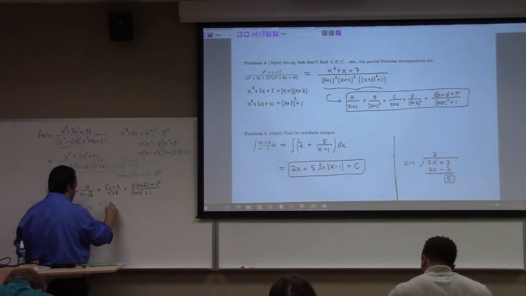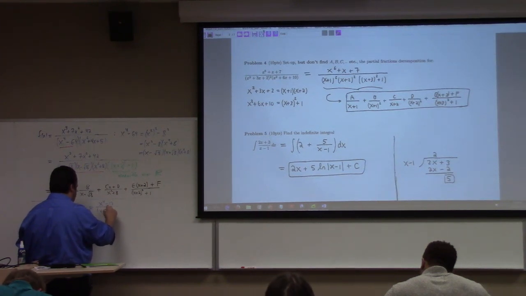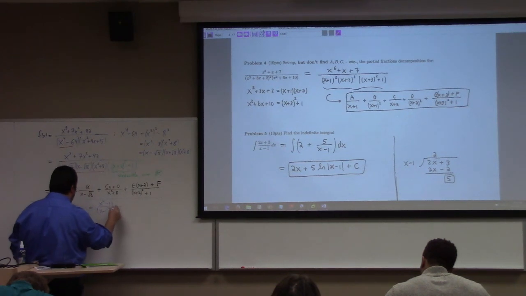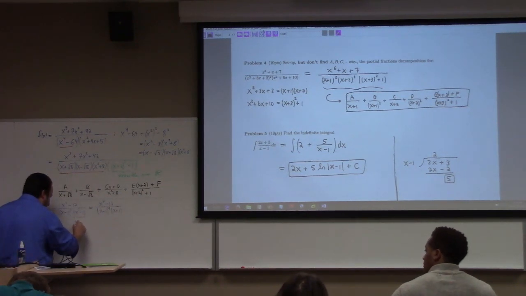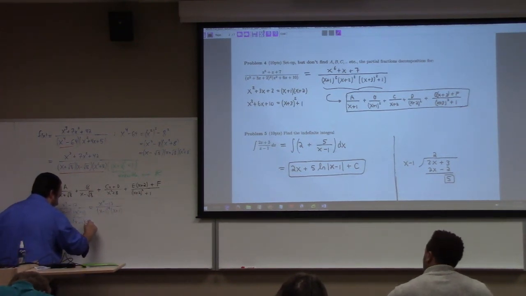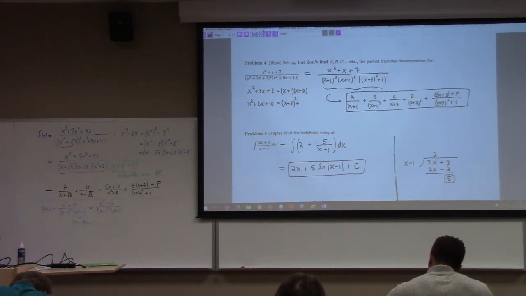This is really x minus 1 to the fourth times x plus 1, because x squared minus 1 is x minus 1 times x plus 1. So one of those gets lumped into the x minus 1 cubed to bring it up to x minus 1 to the fourth, and the other one's on its lonesome.